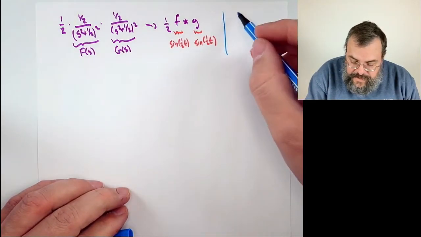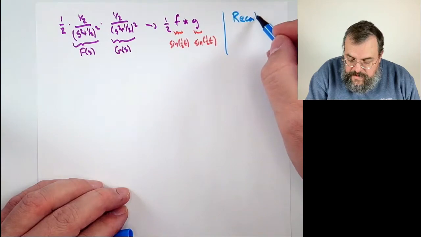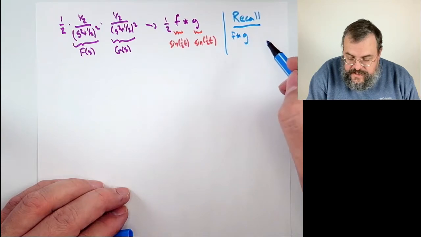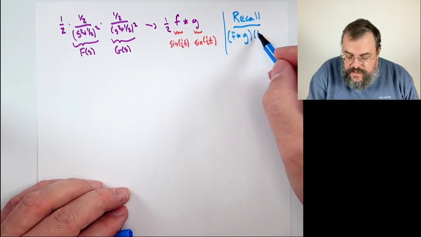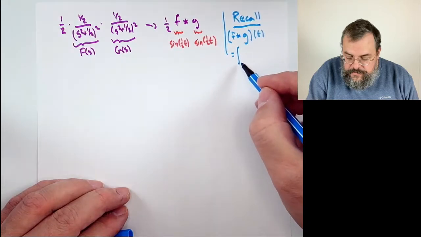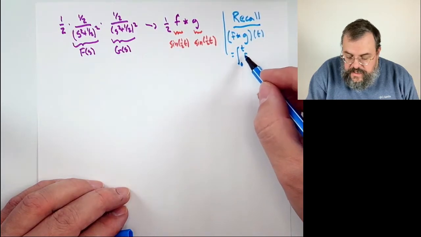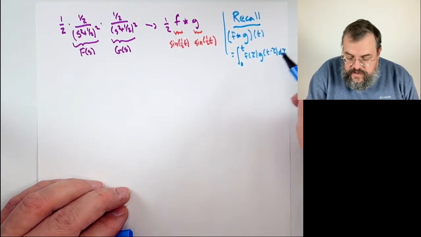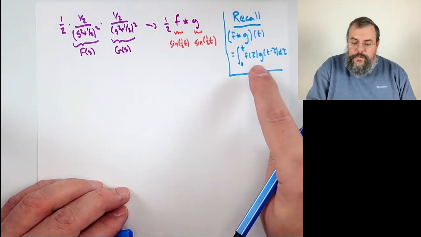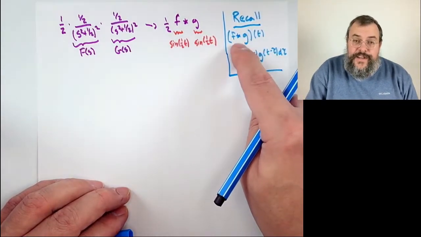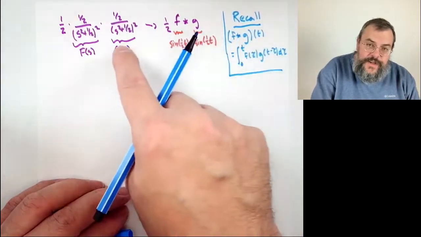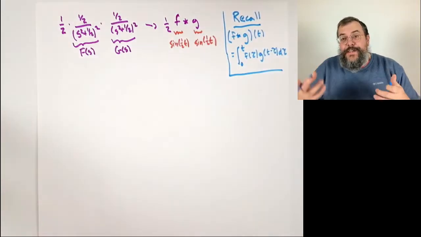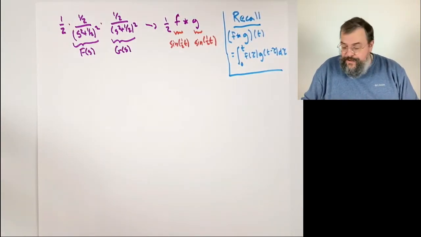So let's do a little bit of a recall. It's good for us to recall things. F star g, this is convolution, is the integral from 0 to t of f of tau g of t minus tau d tau. So when you see an integral like this, that's convolution. And convolution is nice because we can go from something convoluted to multiplication. Well, actually doing a convolution might take us a few minutes.